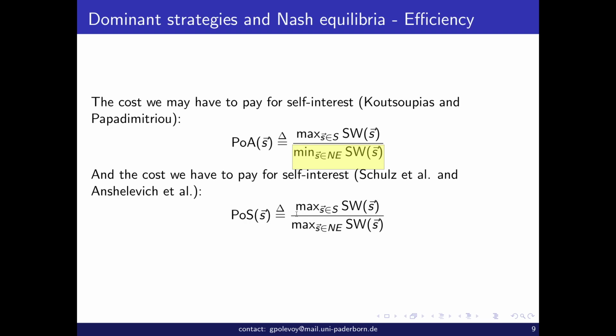But now we say, what is the necessary price to pay for being stable? What is formally the ratio between the maximum possible social welfare and the best possible Nash equilibrium, and social welfare in Nash equilibrium.